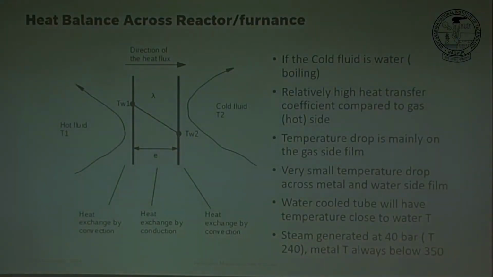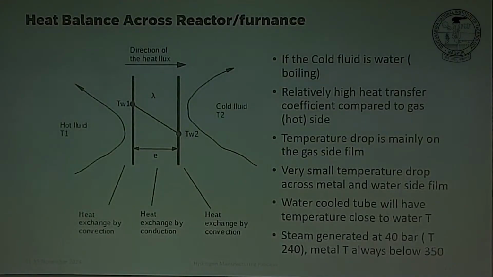That means instead of quenching, if we start producing steam using this reformed gas or product gas, high in carbon monoxide, then in the heat transfer equipment we will not see a metal temperature above 300, 400 degrees, right?